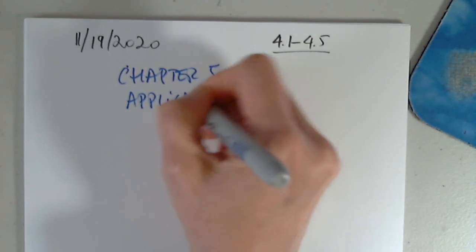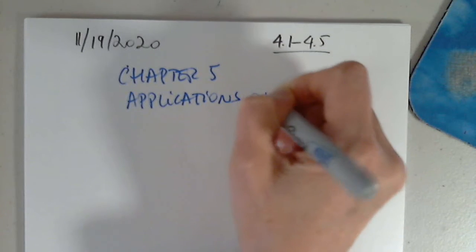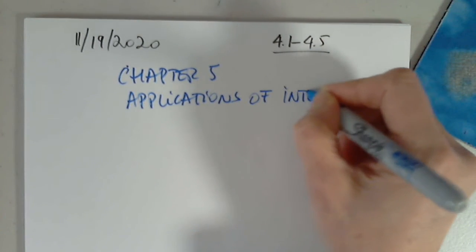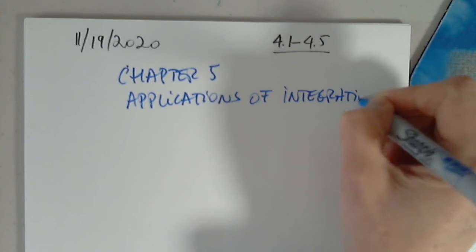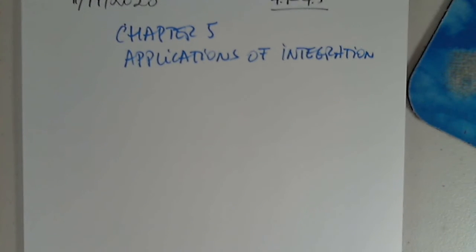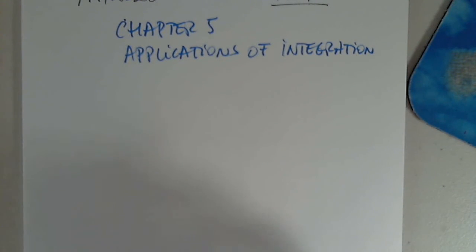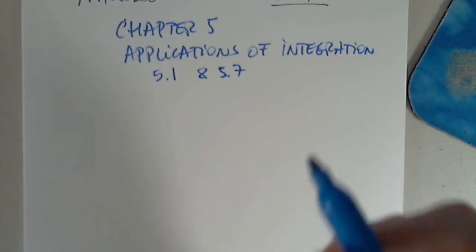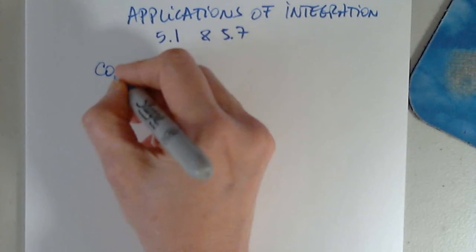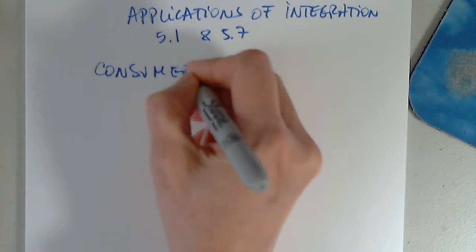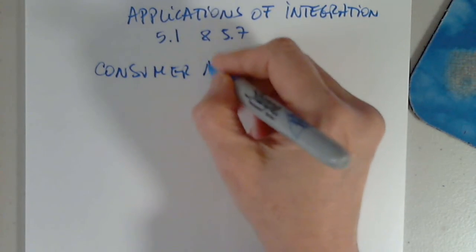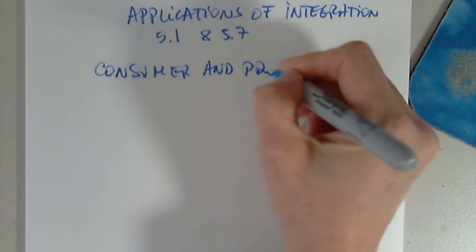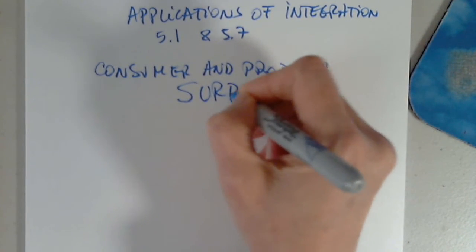Applications of integration. And the first section is, so only 5.1 and 5.7. 5.1 deals with what is called consumer and producer surplus.